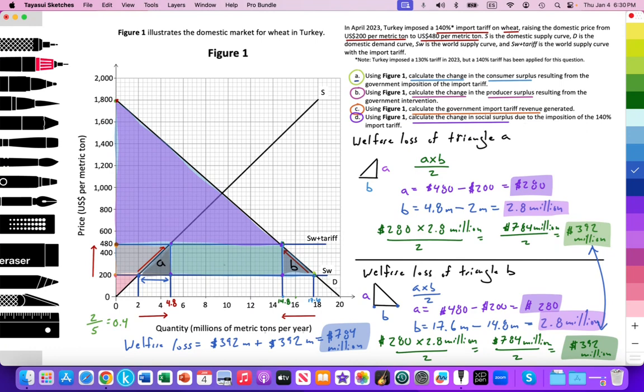But I've seen on exams, IB evaluators accepting that the welfare loss could be calculated as A plus B plus the tariff revenue, which is another trapezium area. So in the next and final video, we'll calculate the government revenue plus the two welfare losses as a trapezium for practice using that formula.